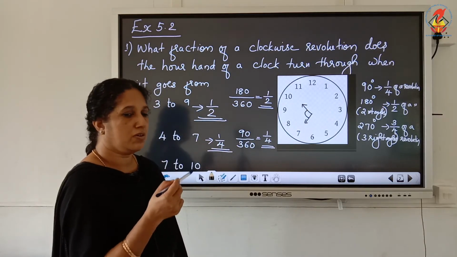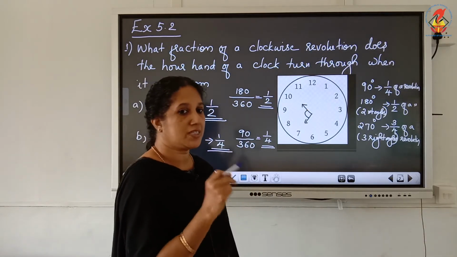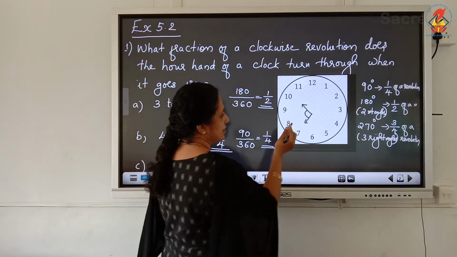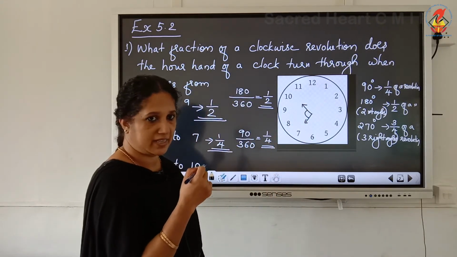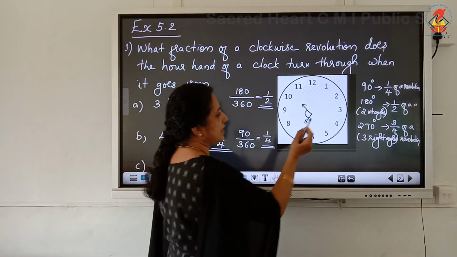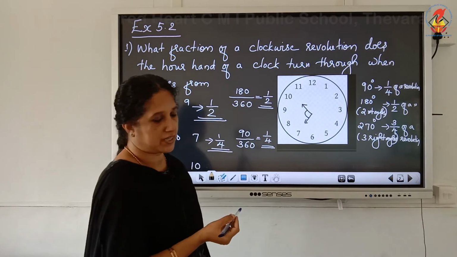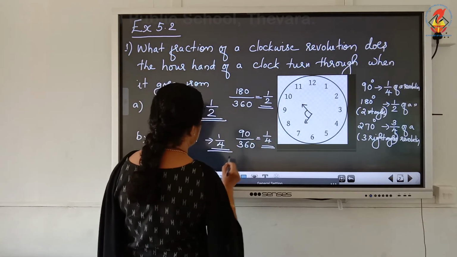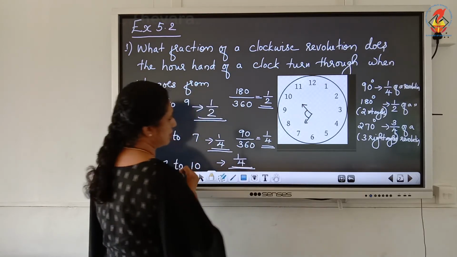So if you are getting the number of hours as 3, the angle turned will be 90 degree. So if the angle turned is 90 degree, it will be 1/4 of a revolution. Here also it is 1/4 of the revolution.